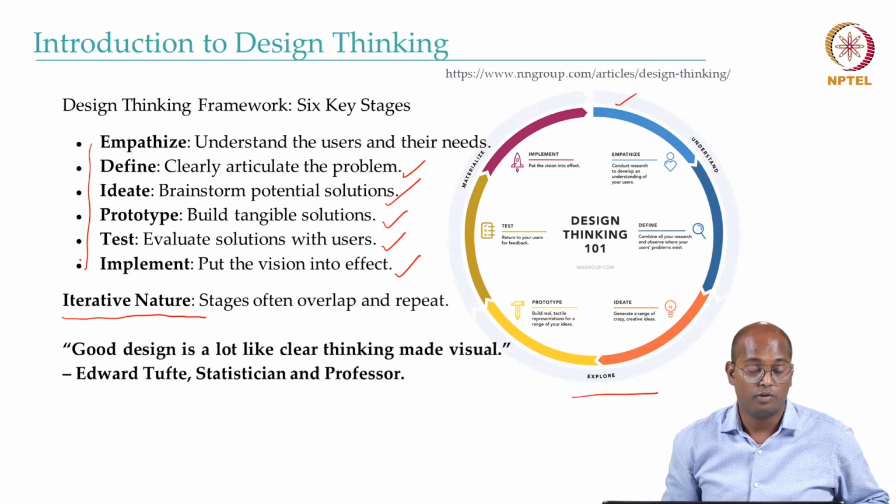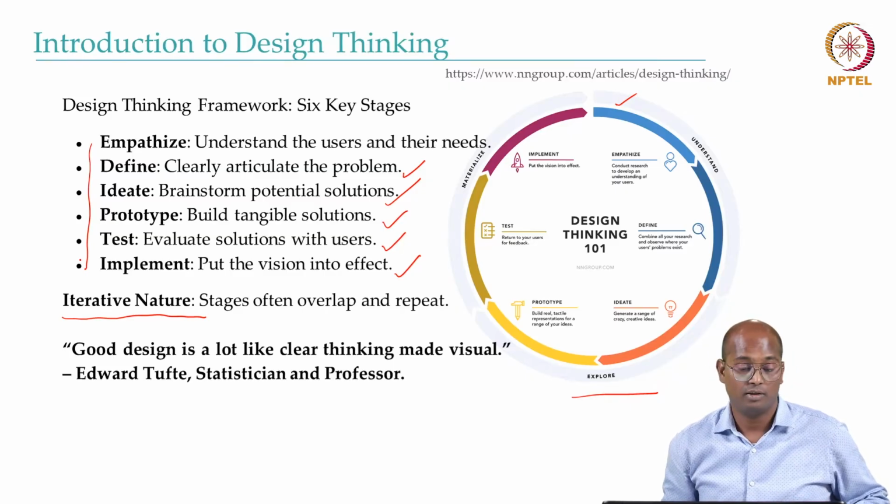For a given problem, you can't understand all the requirements of a user in one go, because often users also discover new requirements based on the system you are building, based on the discussion we are having with them. Similarly, the problem statement gets more refined when we go over it. Based on that, we further discuss the different ideas, using brainstorming and other techniques to come up with a solution.